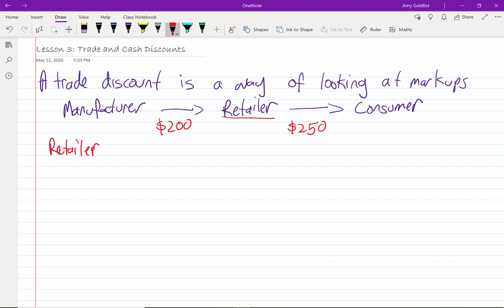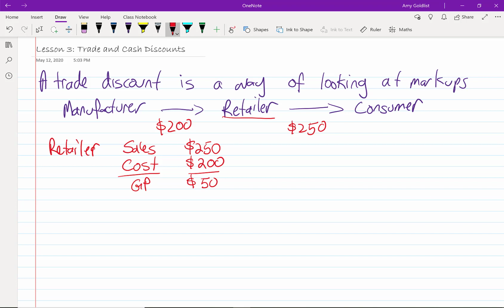So the retailer makes $250 every time they sell an item. Each item costs them $200, and then we have that gross profit per item, or markup in dollars, which is $50.